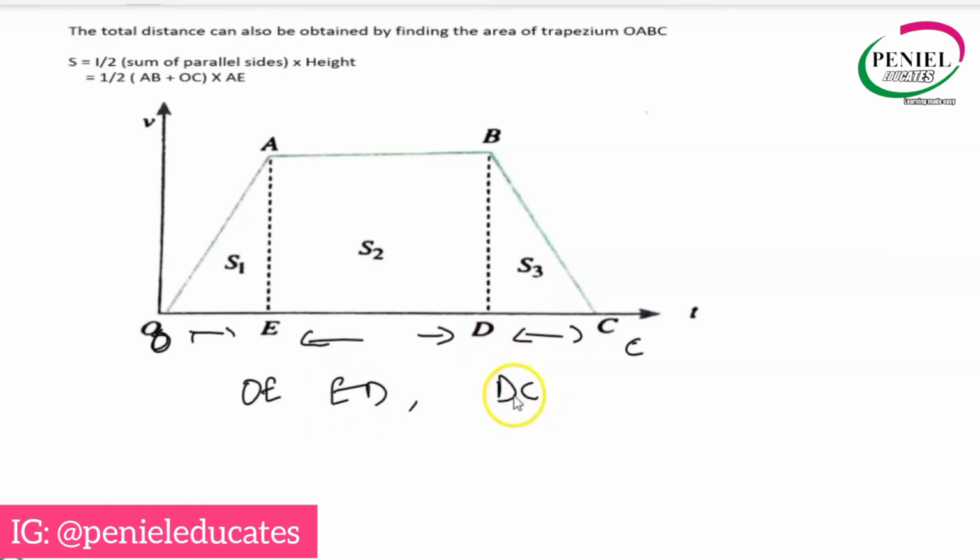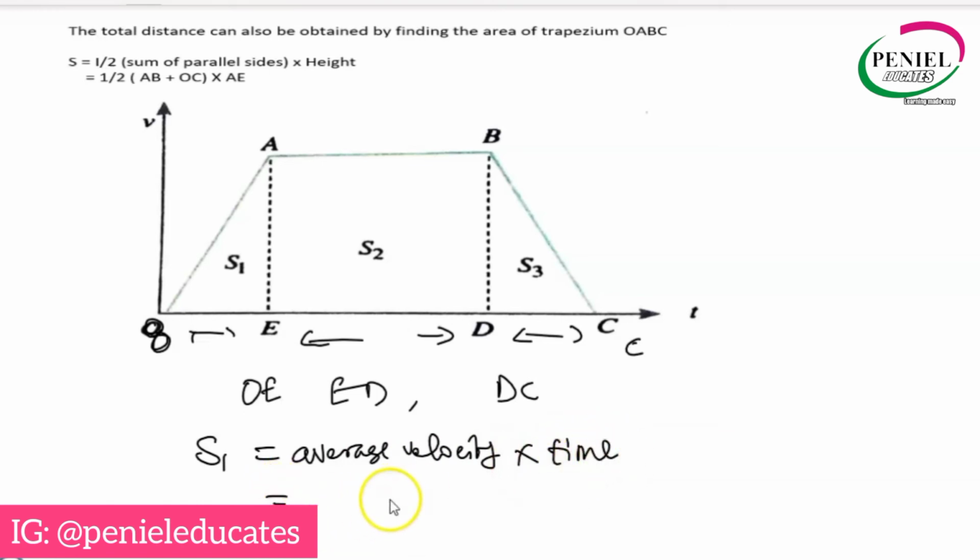To calculate the total distance covered between O and C, for this particular period, this is like a triangle. So the distance covered for this period is the average velocity multiplied by time.